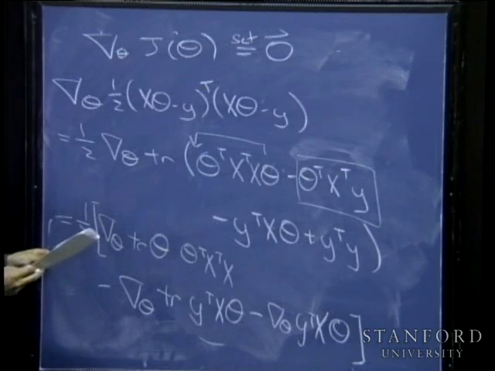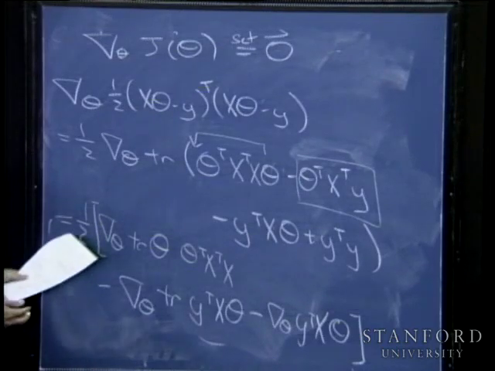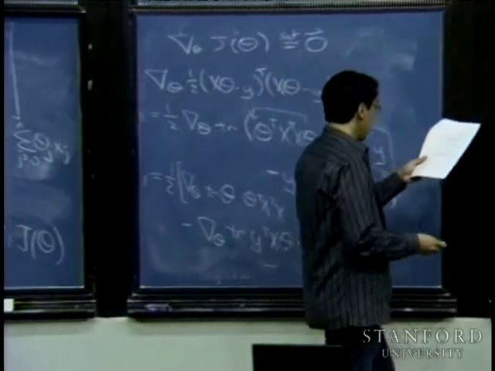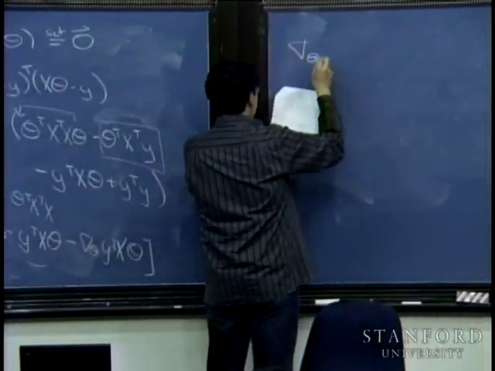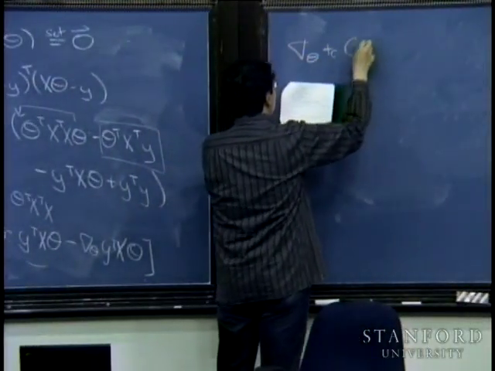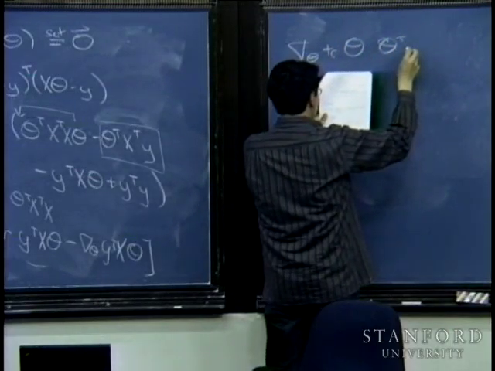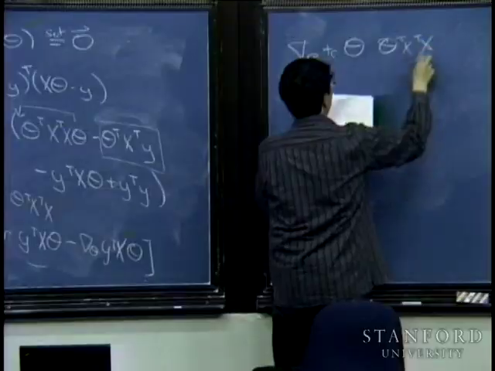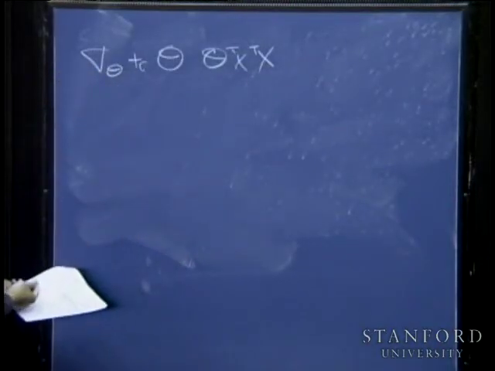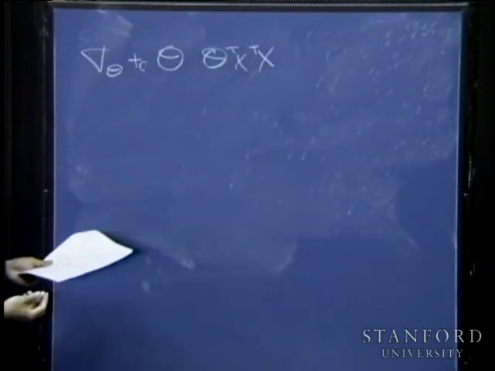And lastly, the derivative with respect to theta of the trace of theta transpose x transpose x. I'm going to use one of the facts I wrote down earlier without proof, right?